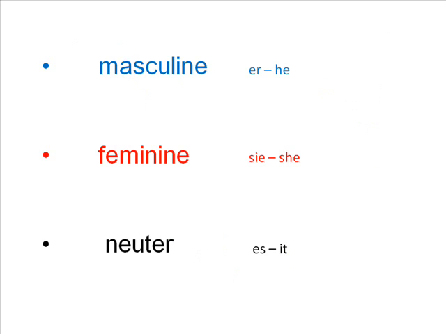This means that while the neuter inanimate objects are referred to as es, it, masculine inanimate objects are actually referred to as he, er, and feminine inanimate objects are referred to as sie, she. German also uses different determiners, that's words like the and a, for each of its three genders.